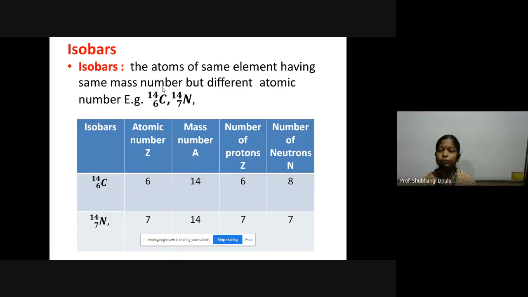Because these are atoms of different elements, their atomic numbers are different, but their mass number is the same.